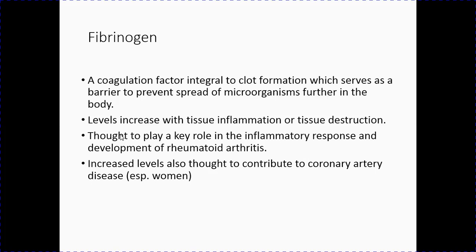So what happens, you get damage, whether it's a cut or a crushing injury, to some vasculature, and we have to form a plug in that hole in the vasculature to prevent microorganisms from entering the body that way and entering into the blood system. So fibrinogen is one of the factors that's important to create a clot formation, and in fact it gets activated and forms kind of a mesh that will cover over the hole in the vasculature.